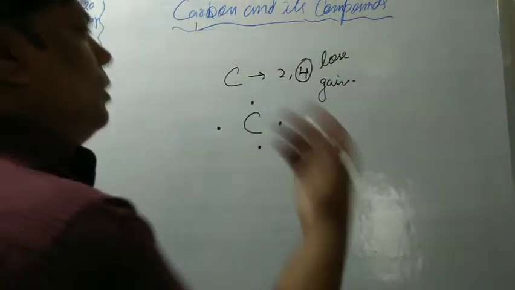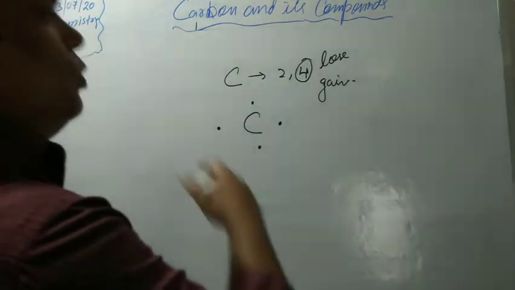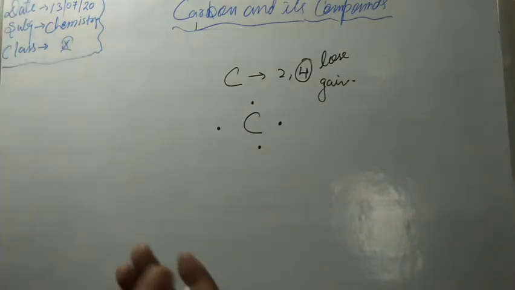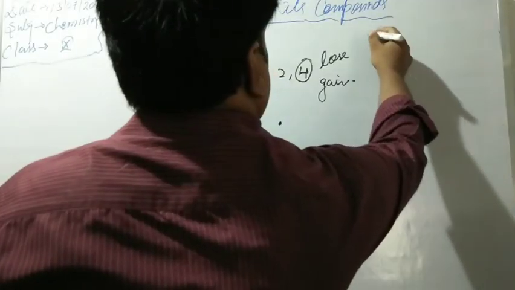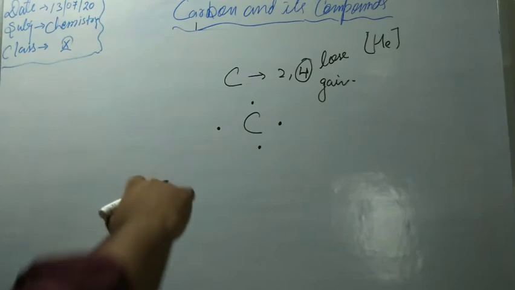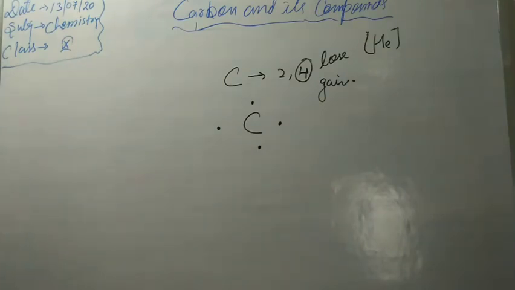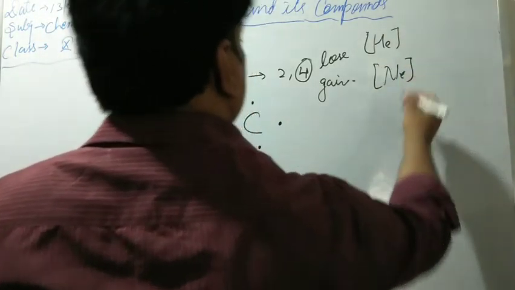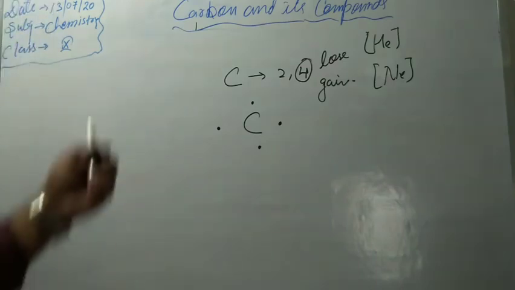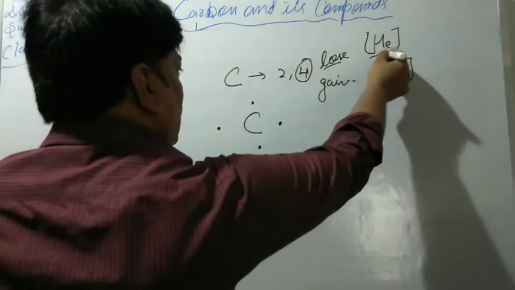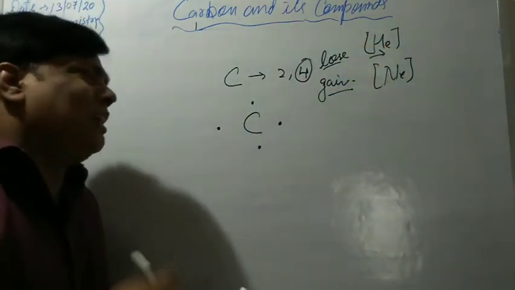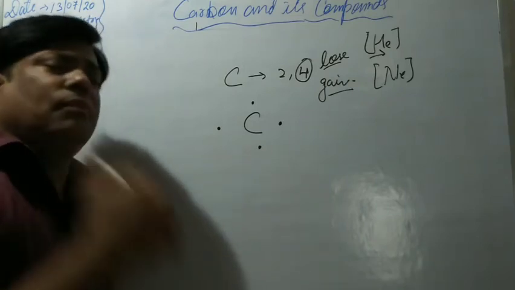If carbon loses 4 electrons, it achieves the noble gas configuration of helium. If it gains 4 electrons, it achieves the noble gas configuration of neon. But it is very difficult to lose or gain 4 electrons because it needs a lot of energy.